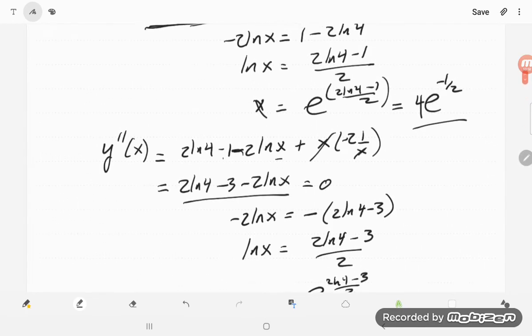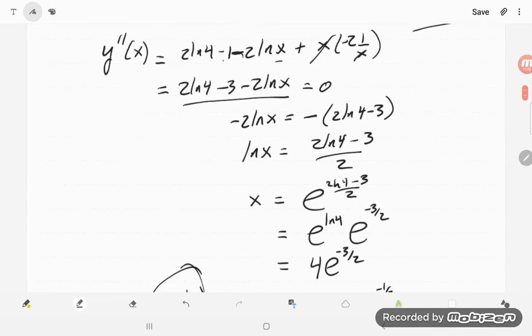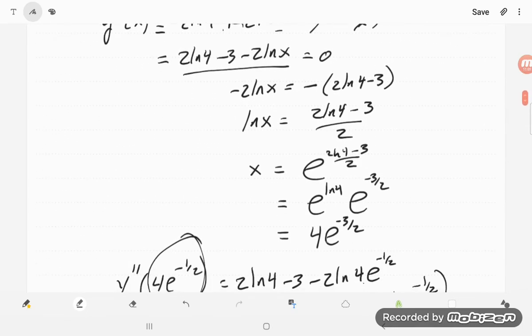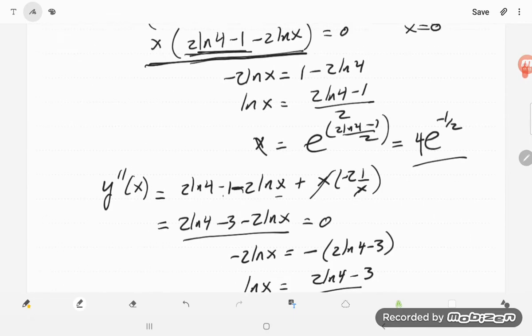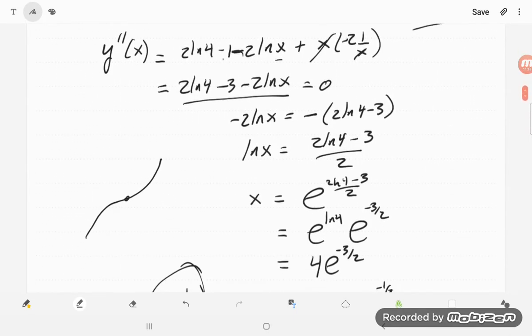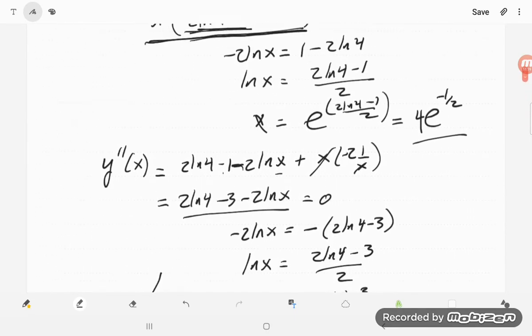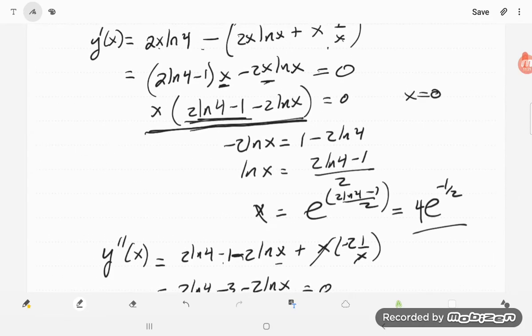Well, I can kind of check that by checking the first derivative, right? It would be an inflection point if things were always increasing or always decreasing around it. And I'm guessing they are, but we had what, 4e to the -3/2.